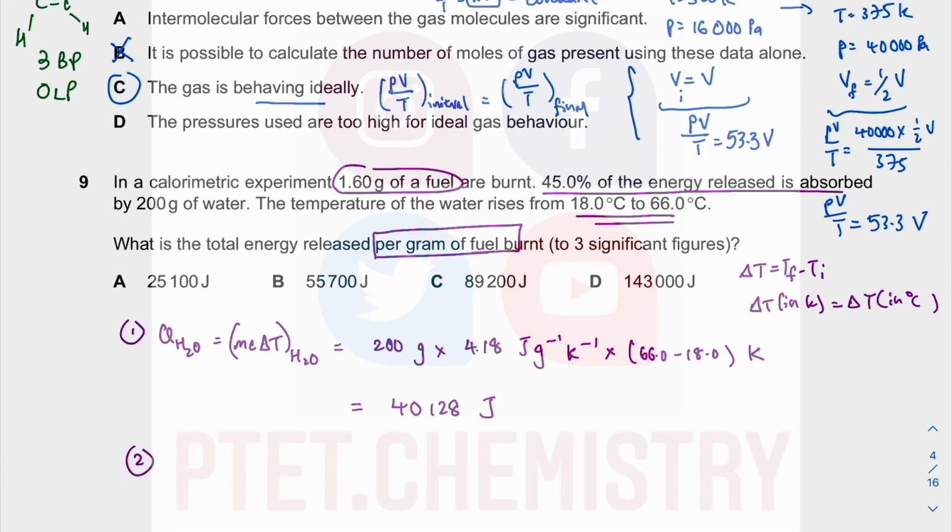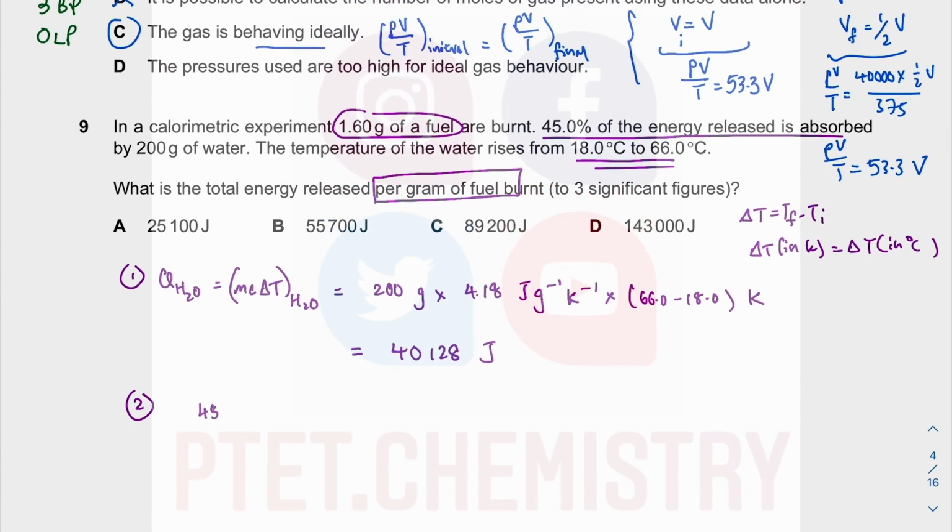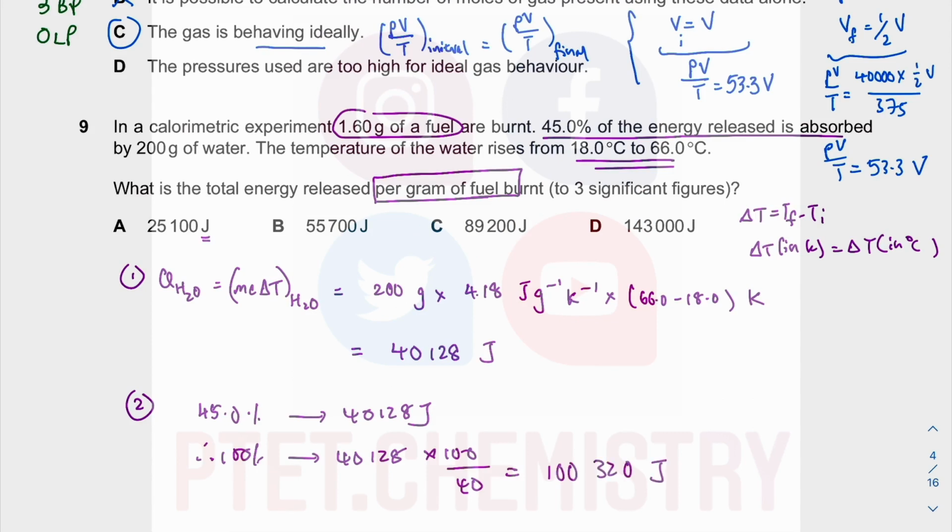But you need to remember that what you receive from the reaction is only 45%, because only 45% gets to the water, all right? So only 45% is 4128 joule. Therefore 100% from the fuel is going to be the direct proportion. So that times 100 divided by 40, I get 100,320 joule. All of these are expressed in joule, so I'll leave my answer in joule.